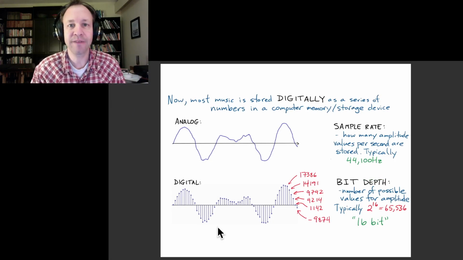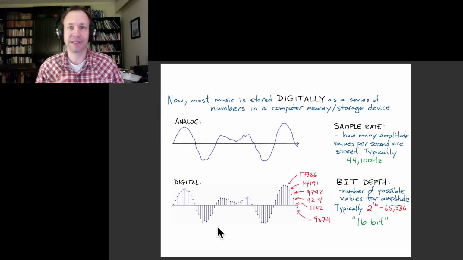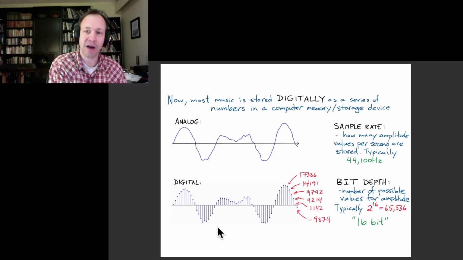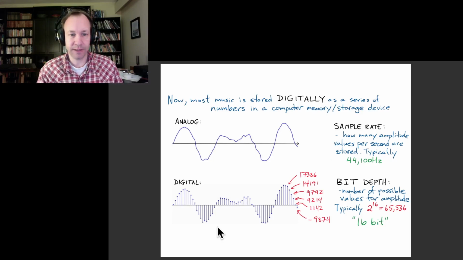Okay, so there's a couple of important parameters that are useful to understand when we're talking about digital recording. The first one is called the sample rate. It's just how often you are going to look at or sample the analog electrical signal.